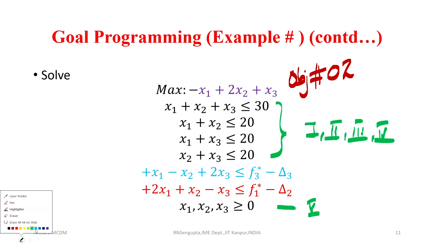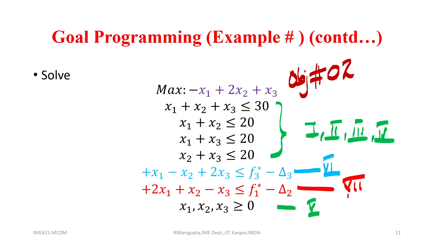The sixth one is shown here, and the seventh one is shown here. I have used a coloring scheme to make things clear, and here it is F3 star minus delta 3 and F1 star minus delta 1. So, this is delta 1, in order to avoid any confusion in the coloring scheme. When I solve it, interestingly, the answers I get.